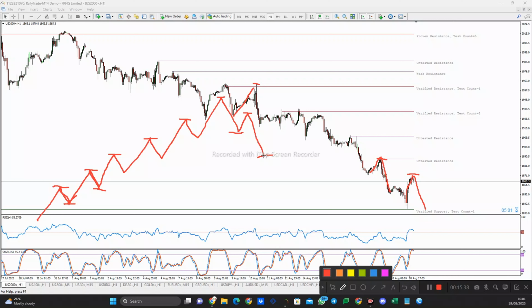There has to be a pullback or a retracement. So price has gone a bit high, trying to go high, but it was unable to go higher than the previous high before it started coming down again. This is exactly how price moves.